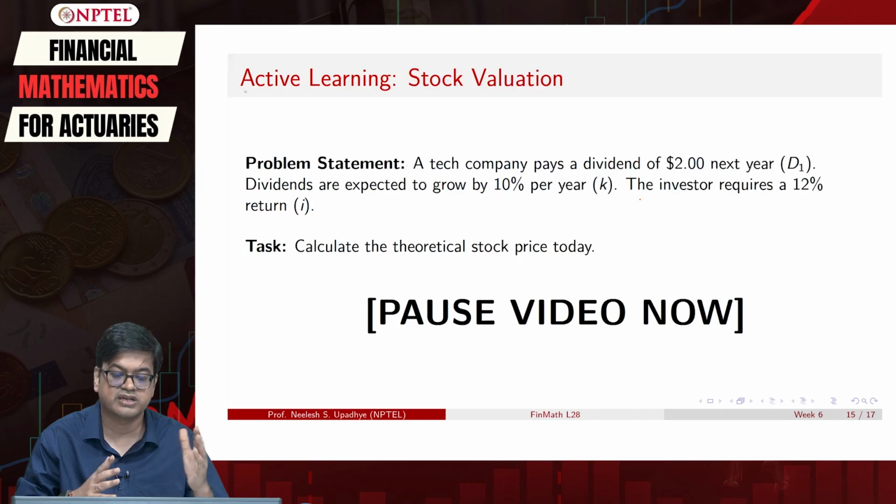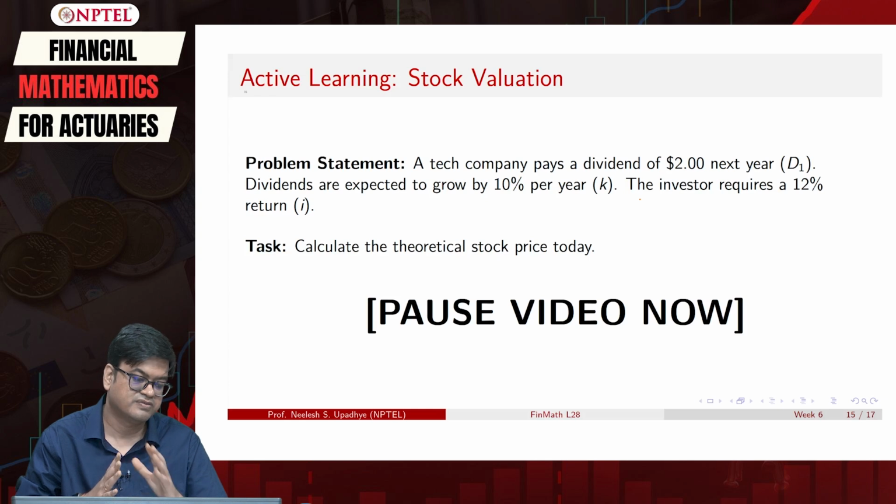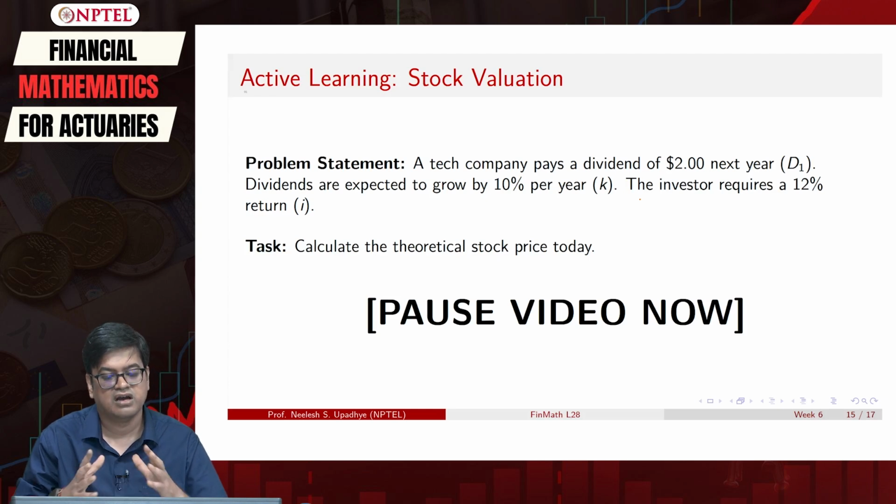So the growth rate is given as 10%, and the investor wants a 12% return from this particular stock. What should be the theoretical price of the stock today? Just try your hand. It is a simple formula, but you need to consider many things, whether I is greater than k or I is less than k. So just pause the video and solve the problem. On the other side, I will solve the problem for you.